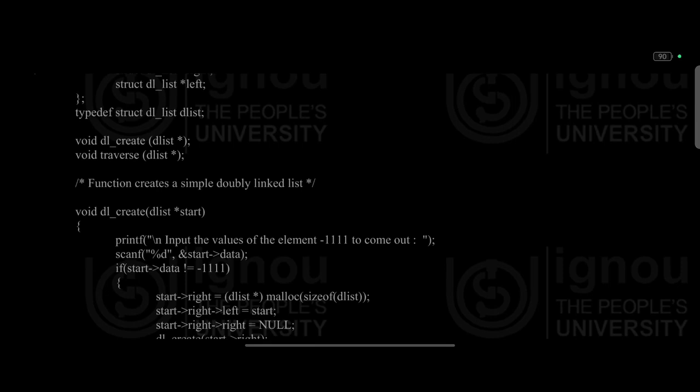Void dl_create(dlist star start). Printf input the values of the element, -1 to come out.